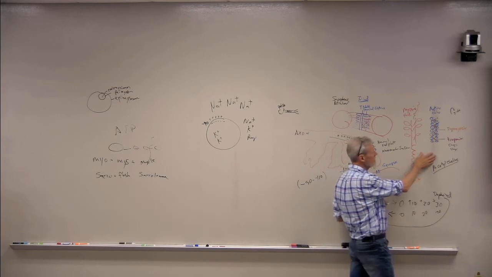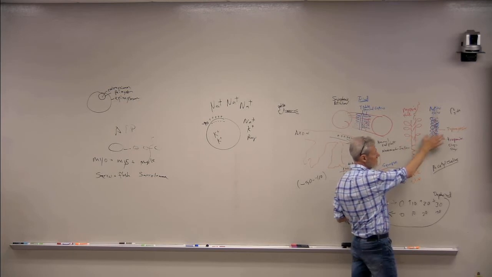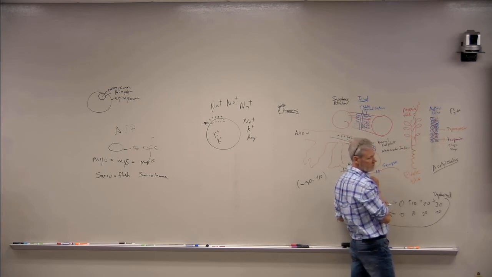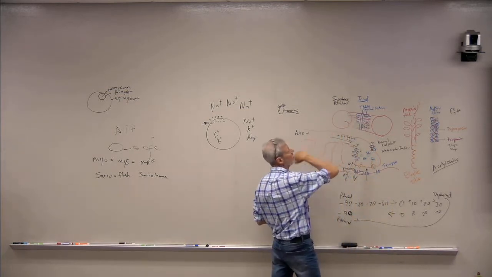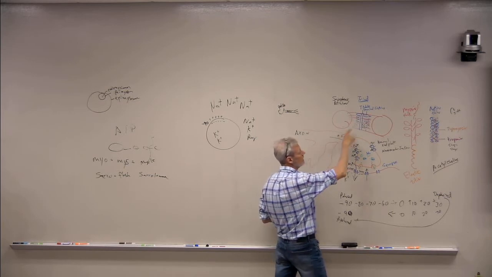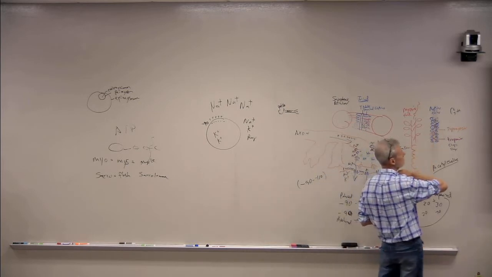The muscle fibers. You've got your myosin, you've got your actin fibers. Calcium from the sarcoplasmic reticulum is released and makes troponin change its shape.